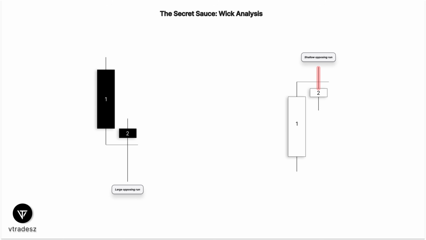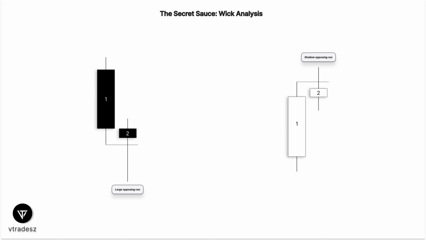Scenario 2 is the shallow opposing run. This is the golden ticket. Candle 2 opens and only drops a tiny bit, creating a very small, stubby wick before reversing. Since the price did not waste energy traveling far, that small wick supports expansion.